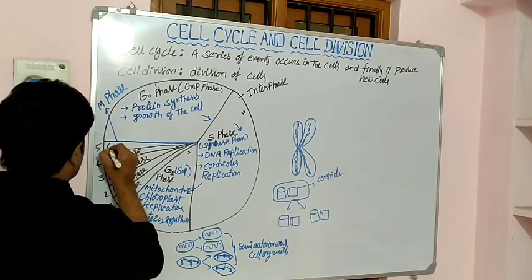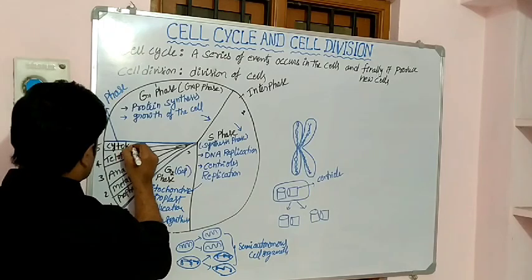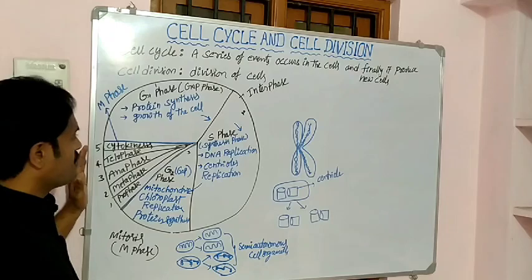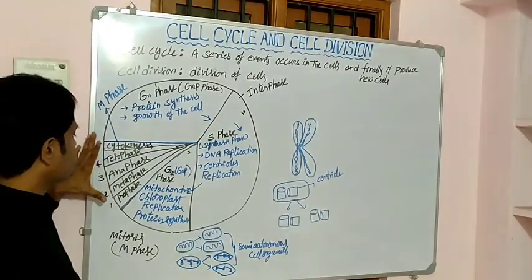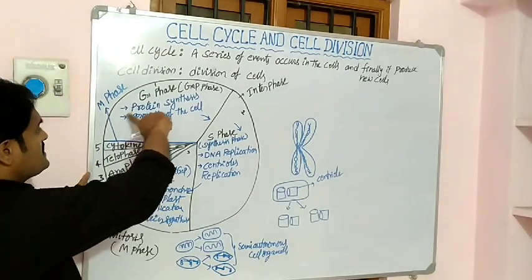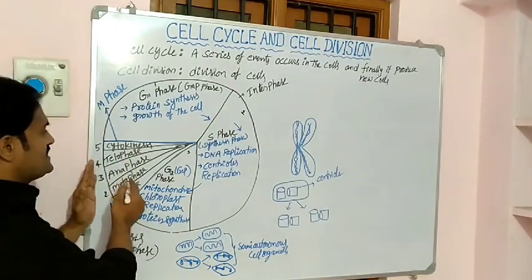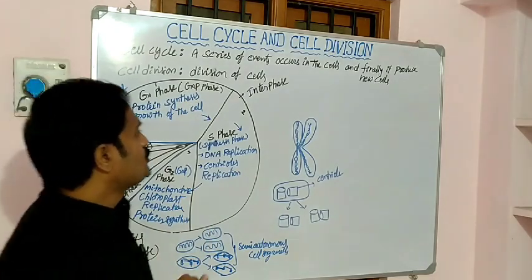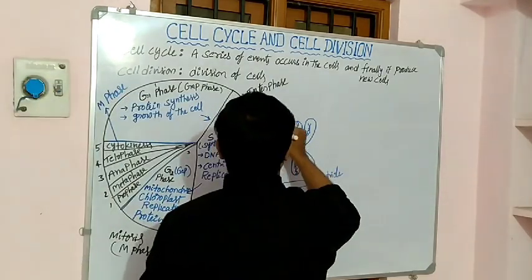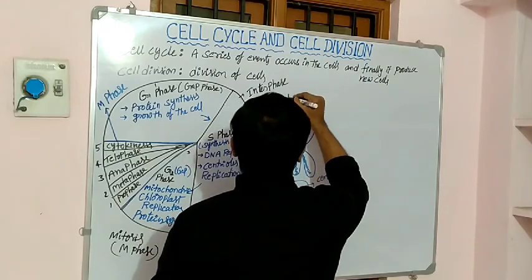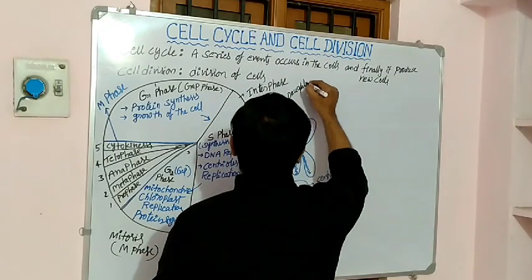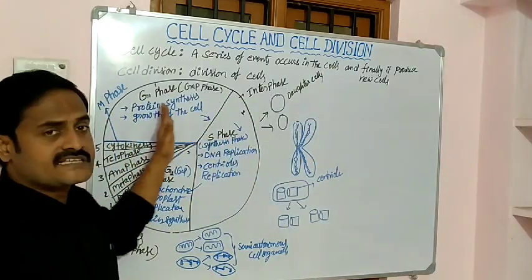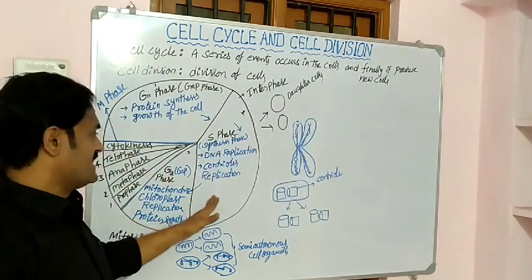And fifth one is called cytokinesis. See, these are the 5 subphases present in the M phase. So once the interphase as well as M phase are completed, one cell divides into 2 daughter cells. So this kind of cycle occurs in the cell.